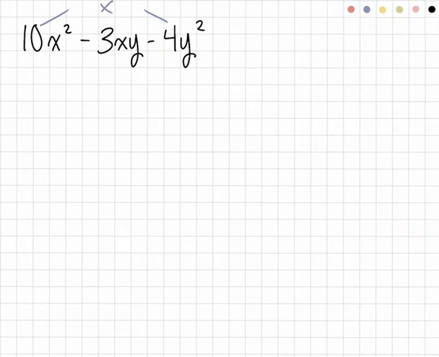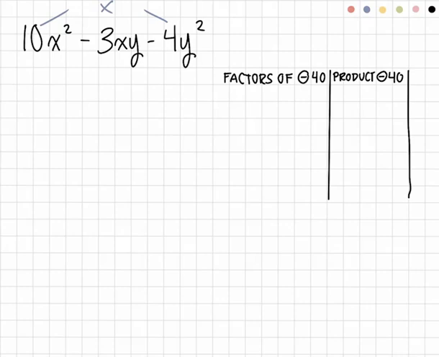So I'm looking for factors of negative 40. So I'm looking for a product that is negative 40 and a sum that's negative 3.